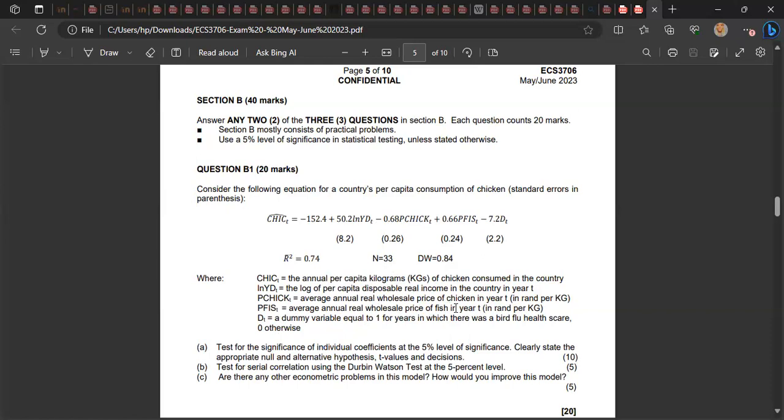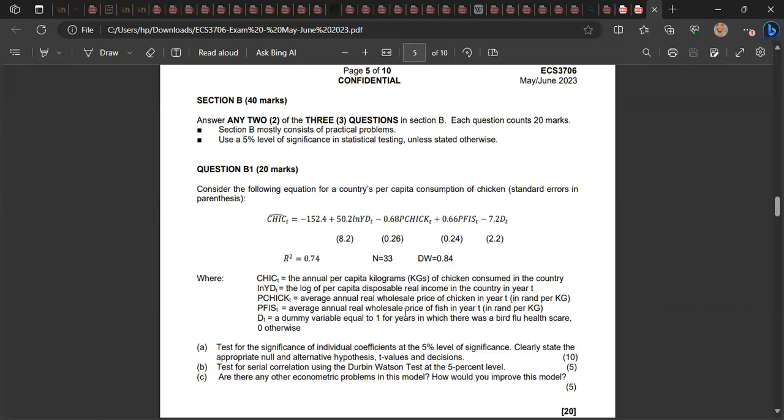Let's say fish and chicken are substitutes. So if the price of fish goes up, we expect that the consumption of chicken is going to go up. So hence we can expect a positive relationship there. I don't expect these to be complements, fish and chicken.